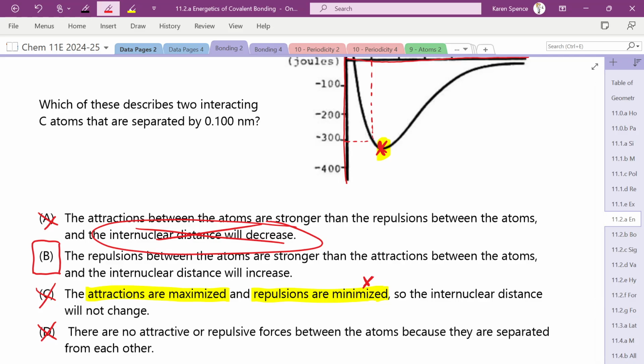Yeah, I wouldn't get too worked up about it because you can do that one by process of elimination. None, the others are completely wrong. Like there's no way the other ones are correct.